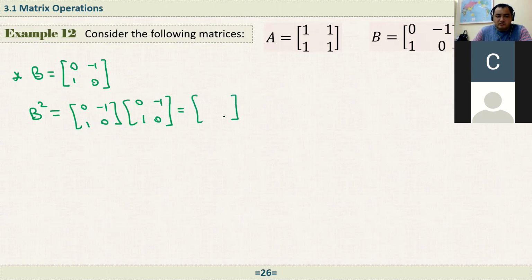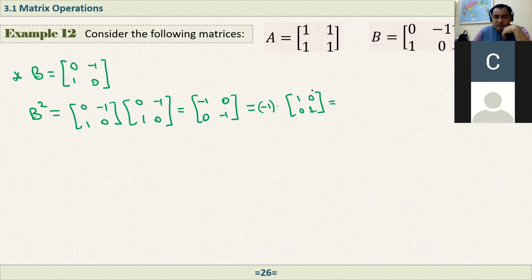So here we'll have 2 by 2 matrix. 0 times 0, 0, negative 1 times 1, that is negative 1. And here, 0 times negative 1, 0 minus 1 times 0, that's equal to 0. How about here, 1 times 0, 0, 0 times 1, it is 0. And 1 times negative 1, negative 1, 0 times 0, so here we have negative 1. Or I can just write it as negative 1 times, here we have 1, 0, 0, 1.